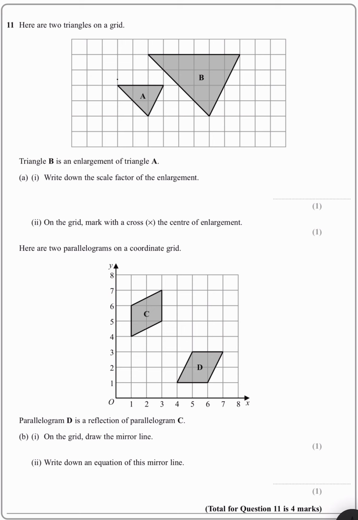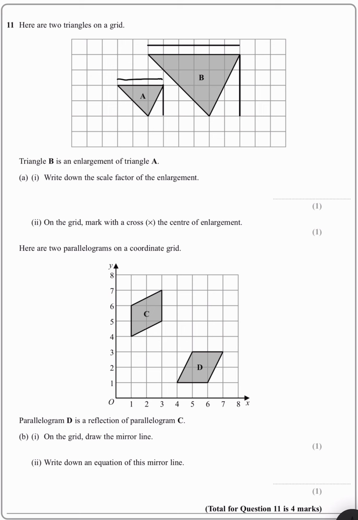So A is 2 wide, while B is 6 wide, right? B is 4 high, A is 2 high. So again, what I'm trying to explain is that you look at the sides and you look at their area.